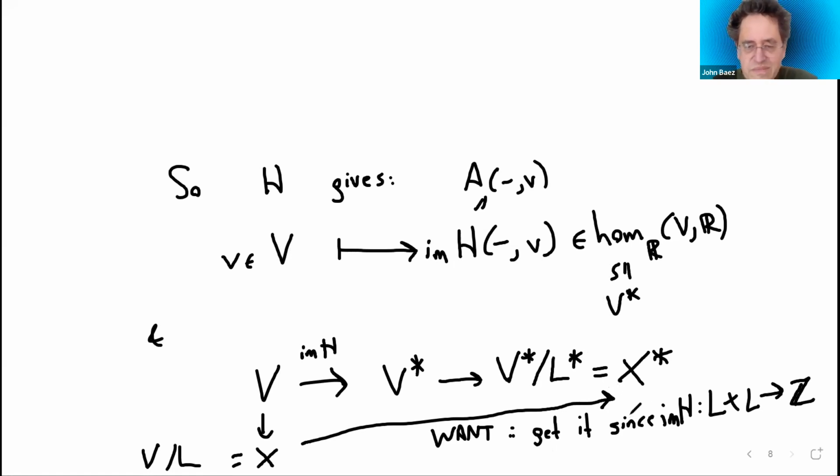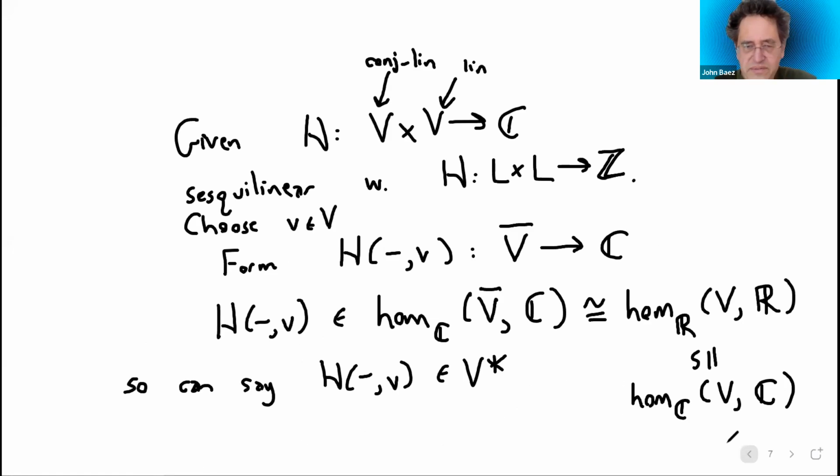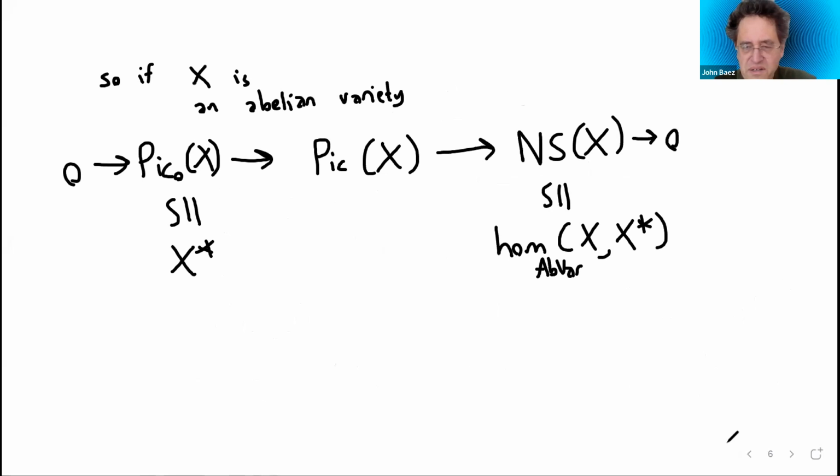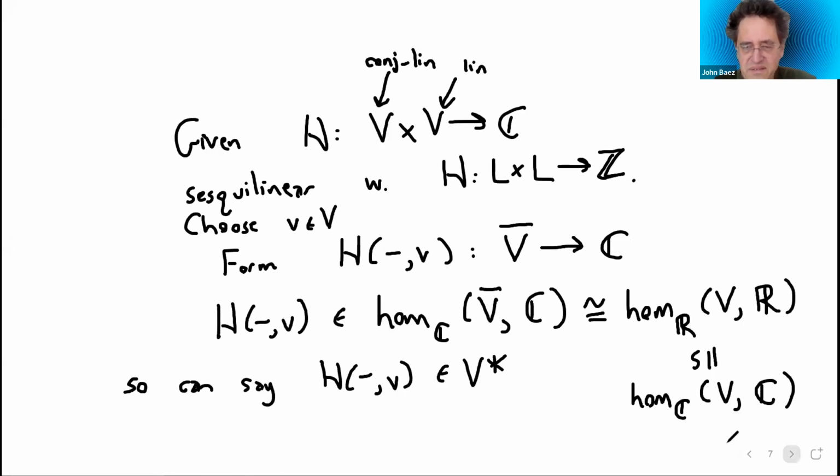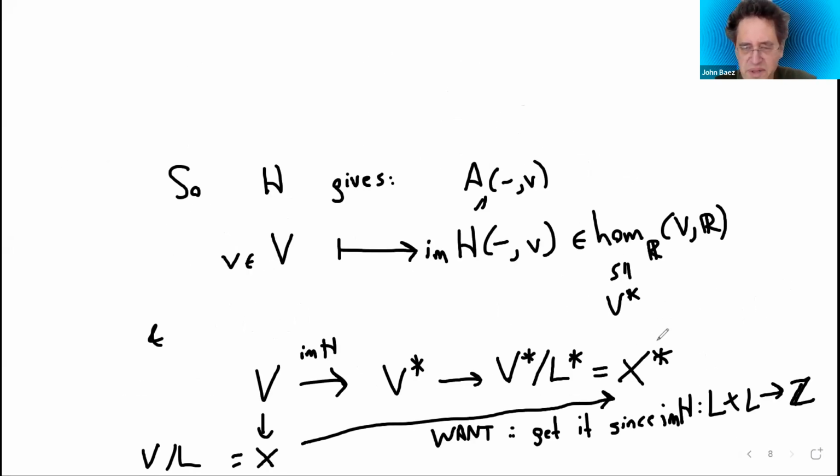So it should probably be there, but for some reason in the stuff I've been reading, they only talk about it at the stage where they've chosen a principal polarization and use that to identify X with X dual.